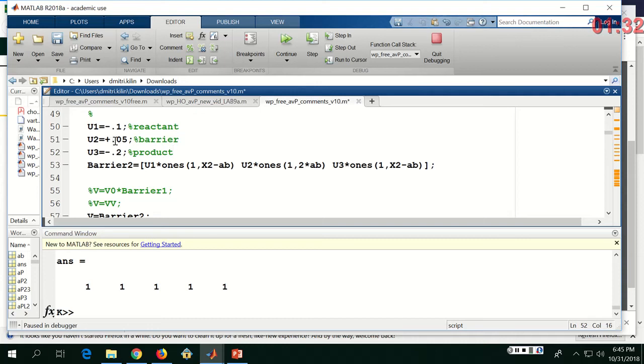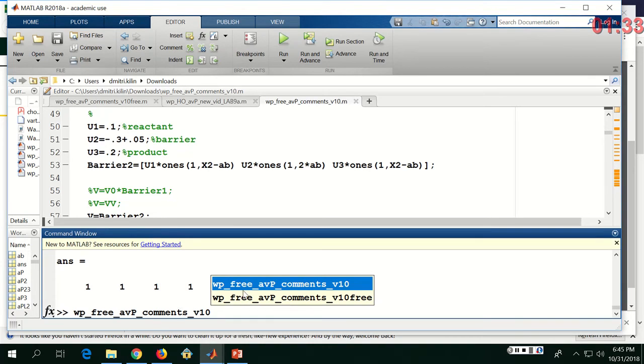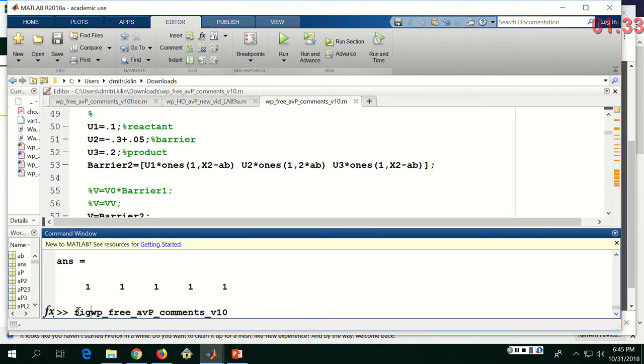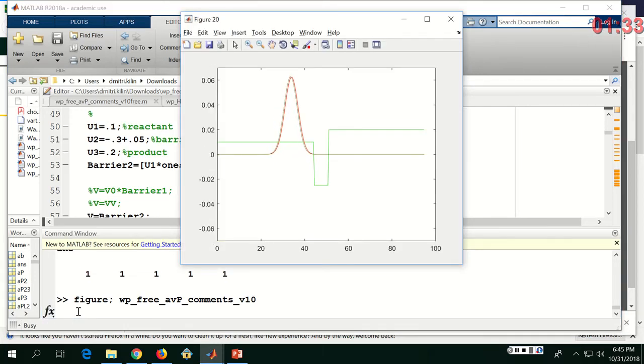What if we put here a big negative number, minus 3, and here will be a plus? It's a trap. Well, in the scientific sense, right?